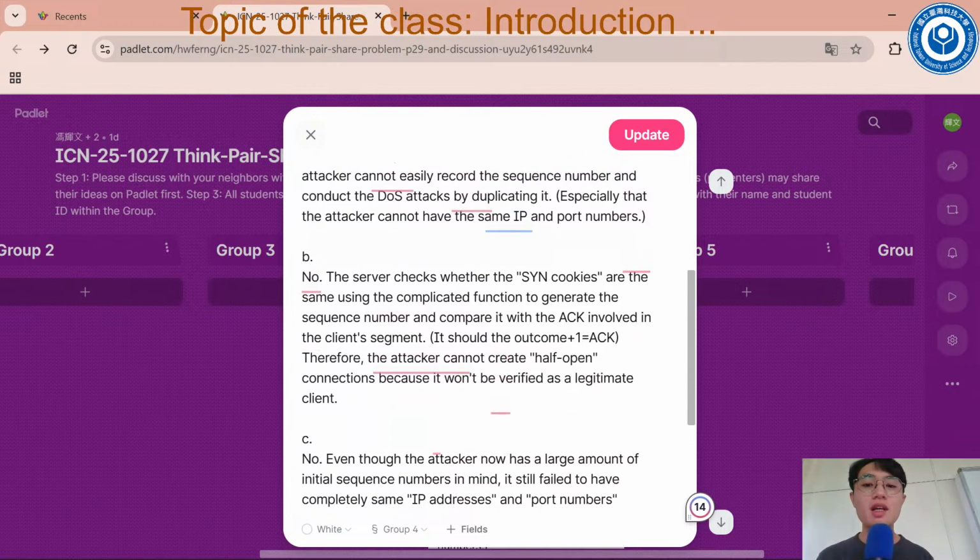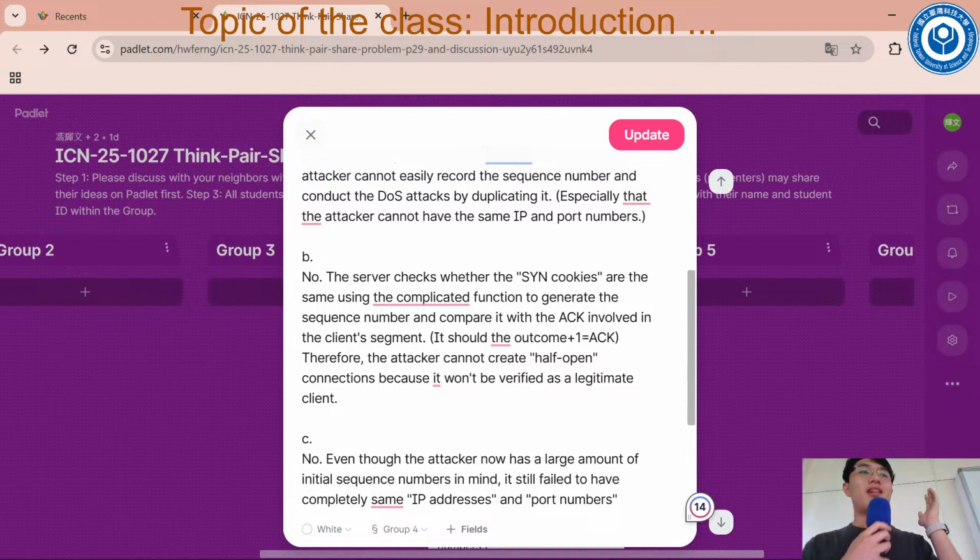And for question B, I think that the answer is no. And the reason is that, just like what I mentioned, the cookies are generated using a very complicated function. And in the article, it calls it a hash function. And so it therefore compares the sequence number it generated after receiving the segment from the client. It will generate another new sequence number to compare with the ACK.